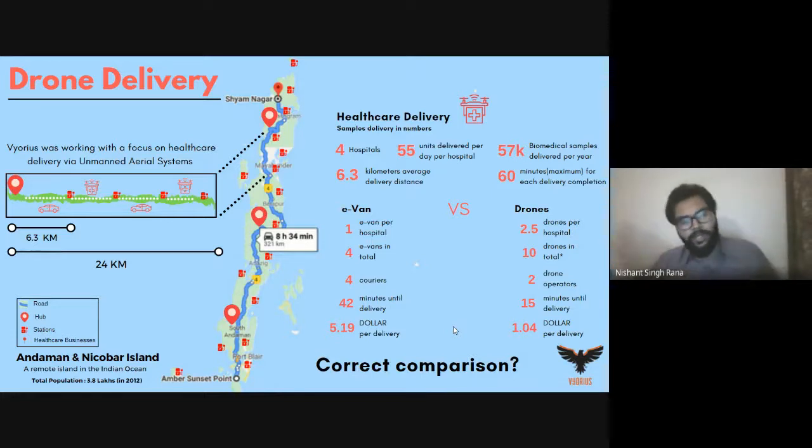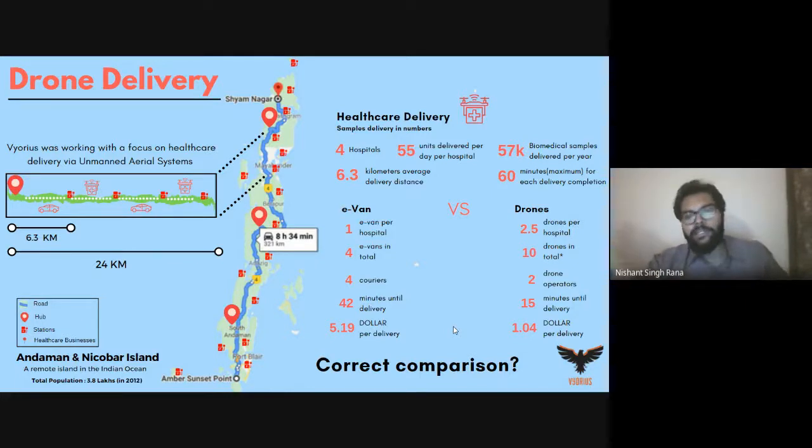Nothing to do with the drone, nothing to do with the drone's capability, just the back end part. How systems are going to deal, how we will be reducing the cost by removing the humans, making them as few as possible. That would be the time where the real value will come into place.